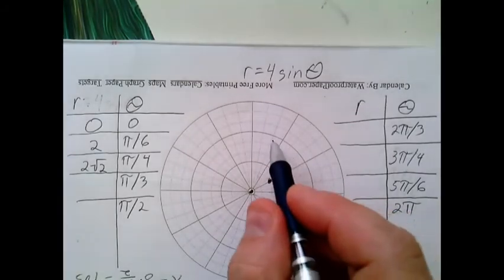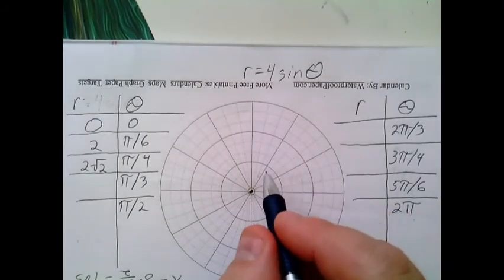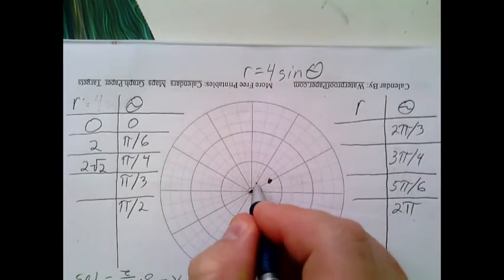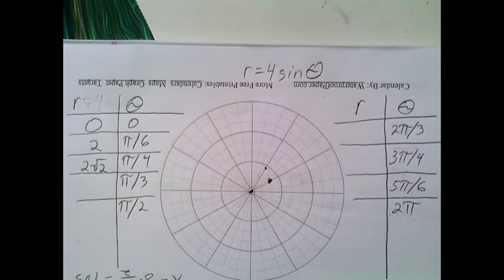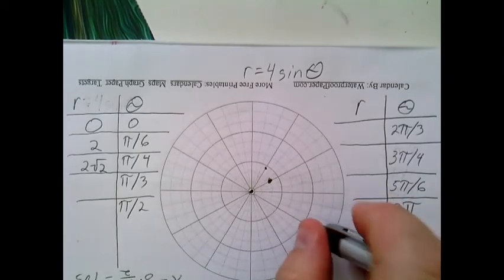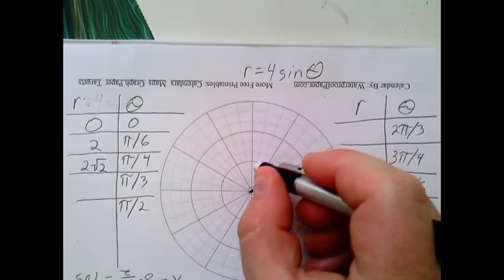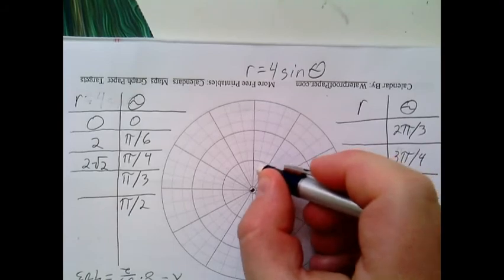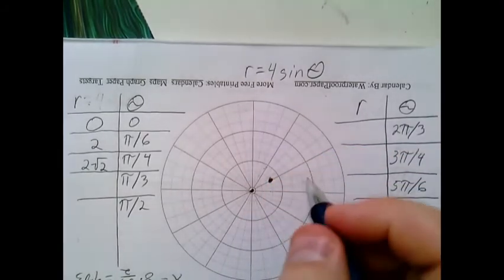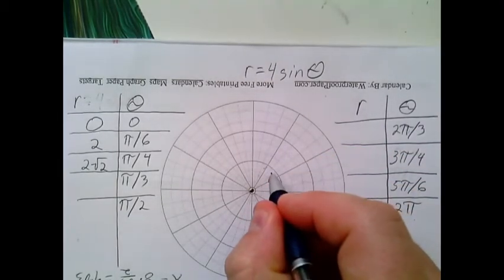So on the pi over 3 radial line, I want to go out 2.8. 1 circle, 2 circles, 3 circles, so I'm about here, just before that third circle. Oh, that's the wrong radial line, not pi over 3, pi over 4. Pi over 4 would be halfway in between the pi over 6 and pi over 3. So it'd be about like that.